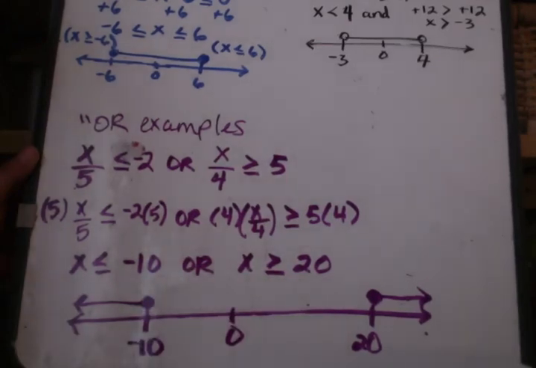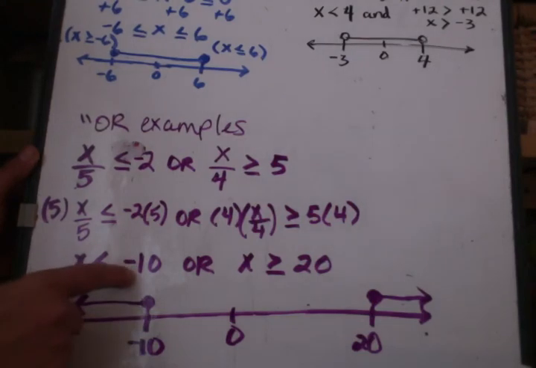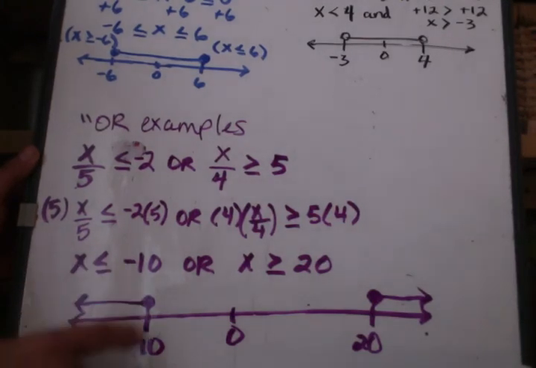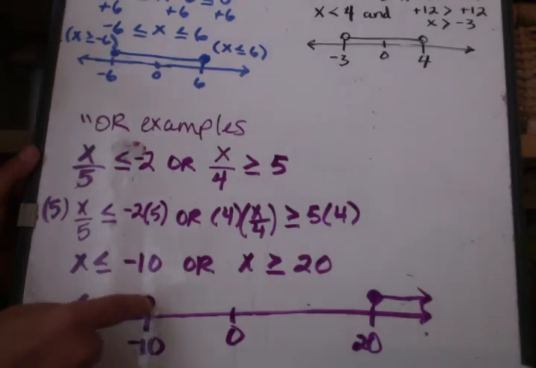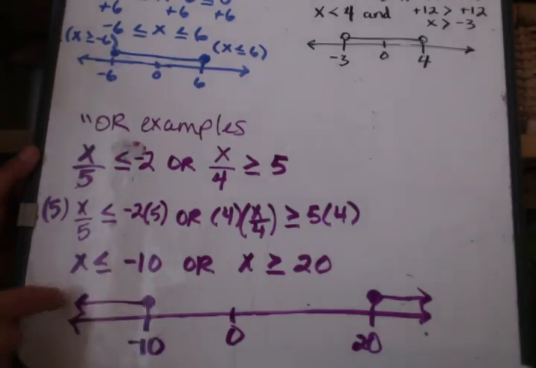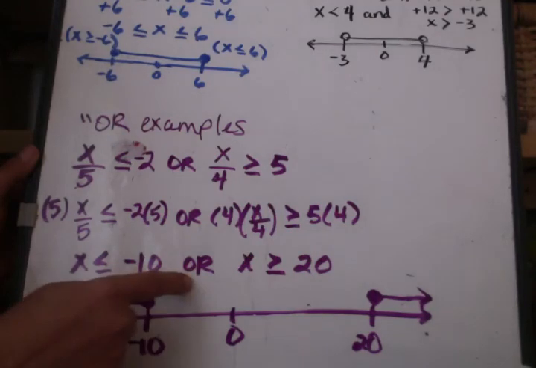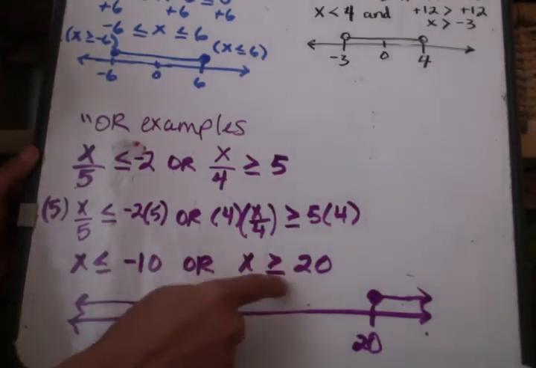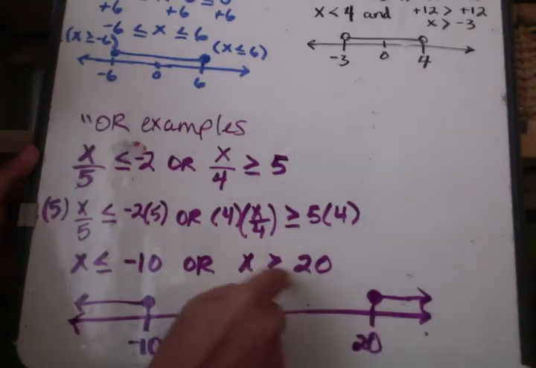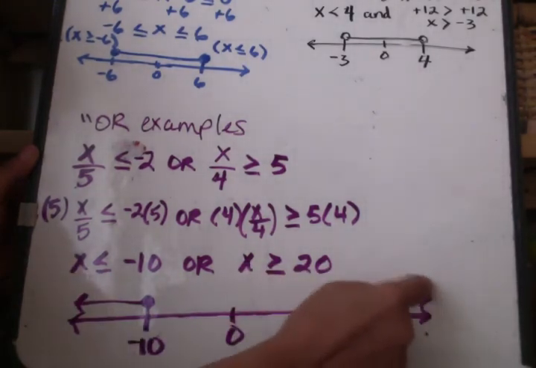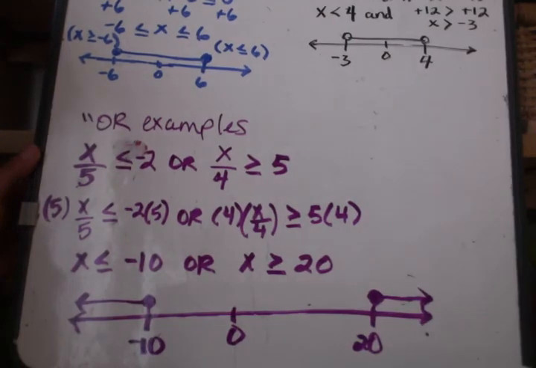Now I'm going to graph these. I'll go to this one first. X is less than or equal to negative 10. So here's my negative 10. It's a closed circle because of the equal sign, and I go this direction. Or x is greater than or equal to 20. Here's the 20, so everything to the right of 20, closed circle.